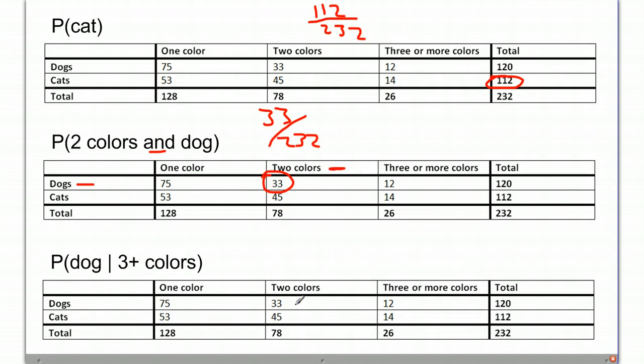And last one here, probability of being a dog given that you have 3 plus colors would be first figuring out 3 plus colors, 3 or more colors. Now probability of being a dog is going to be 12 out of 26 because we ignore the rest of the table. So 12 out of 26. And that is finding probabilities.